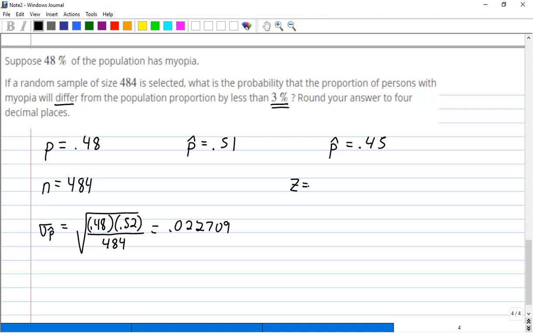Okay? So let's find our z-scores. So z equals, it's always the sample first. So 0.51, the sample value, minus 0.48 divided by 0.022709.